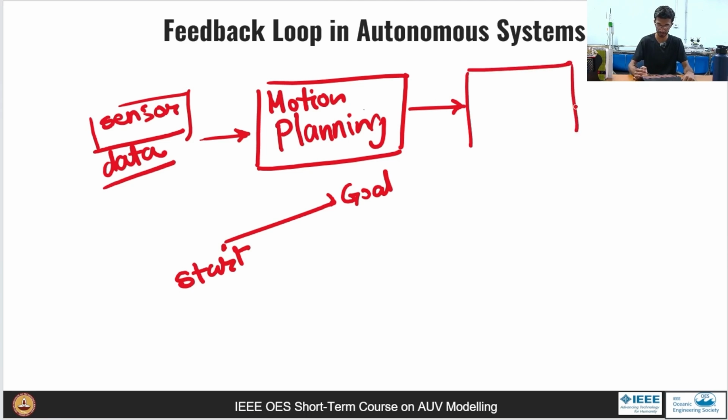To achieve this task of reaching from a start state to a goal state, the system needs to know its own current location, which is achieved through the navigation module.